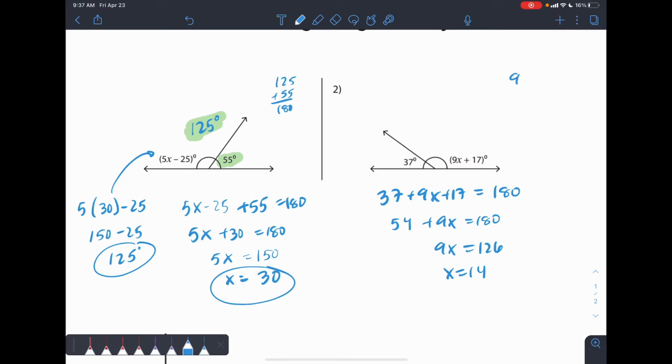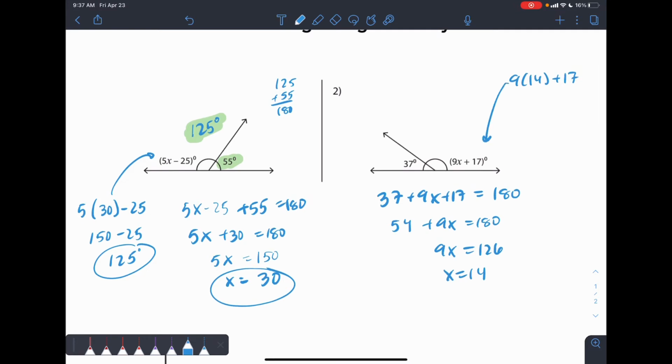I'm going to say 9 times 14 plus 17, came from that. 9 times 14 is 126 plus 17 is 143. So this angle should be 143 degrees, and the way to check our work is to find the sum of 37 and 143, and it is 180. So in both examples, I found the value of x, and then I also found the value of the angle.